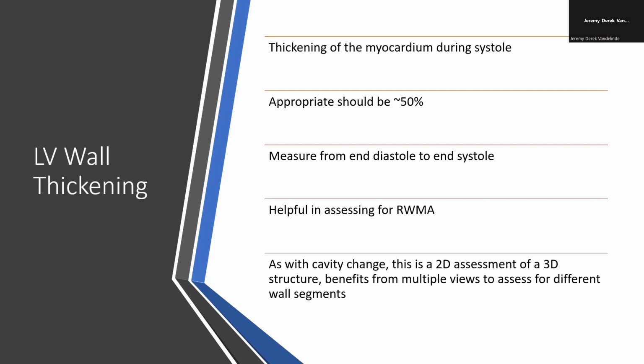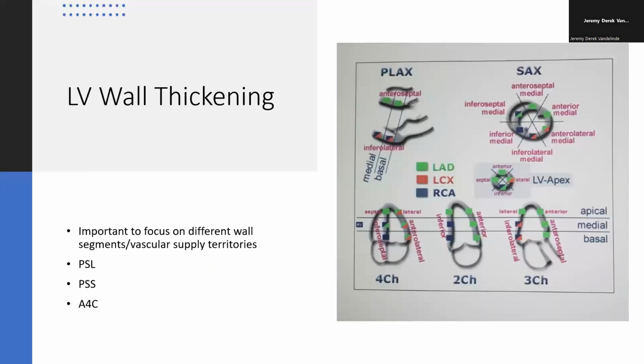As with cavity size change, we're getting a 2D assessment of a 3D structure, so you want to get multiple different views. It's important because you can make assessments of different wall segments, and by proxy, the vascular supply of these segments. Here's a helpful diagram regarding which views give you a view of which walls.